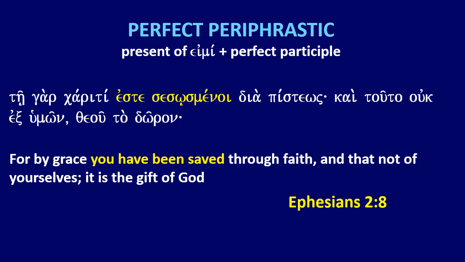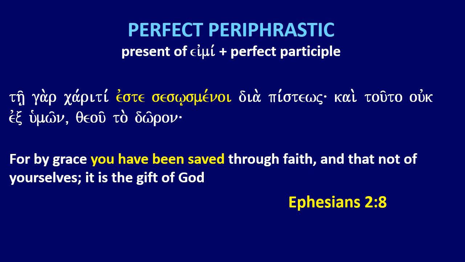Here's another example of a perfect periphrastic construction that is from a great salvation verse that we all know as well, Ephesians 2:8. For by grace you have been saved through faith, and that not of yourselves, it is the gift of God. And here we have the present indicative form of eimi, este, which is the second person plural form, combined with a perfect tense participle, sesosmenoi, which is perfect tense passive voice of sozo.